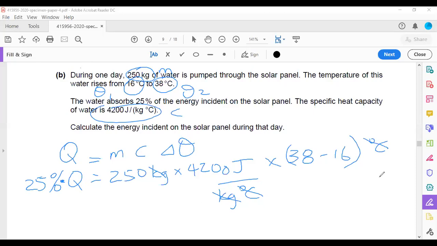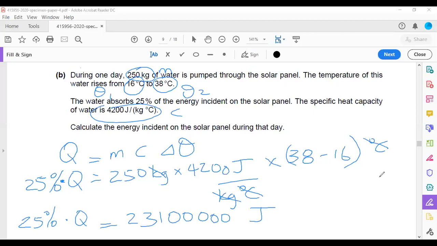So you're going to have 250 multiplied by 4200 multiplied by the difference between 38 and 16, which is one big number. 25% of Q would give a value which is 2, 3, 1, 1, 2, 3, 4, 5 zeros. So that's the big number I get here.